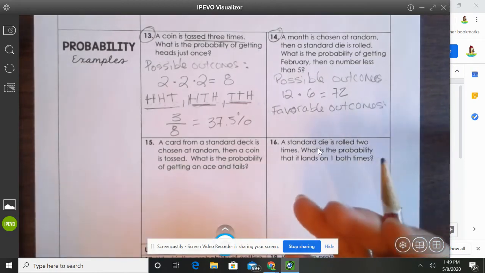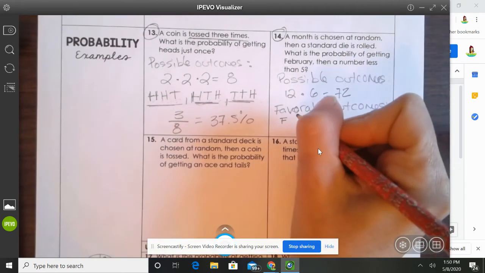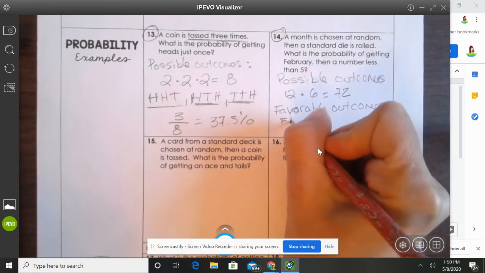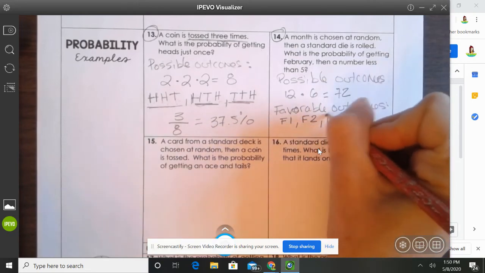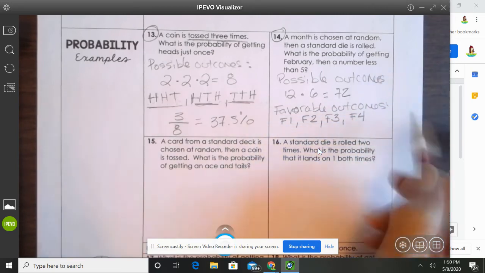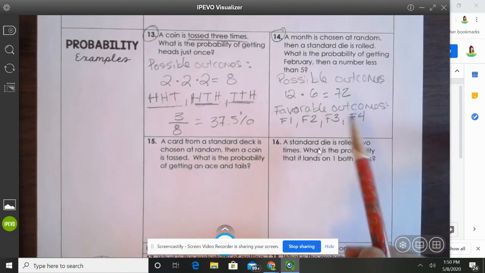So what are the possibilities to get the month of February and a number less than 5? You get February and a 1, February and a 2, February and a 3, February and a 4. And that's it, because 5 is not included, since it has to be less than 5. So now we have 4 favorable outcomes.